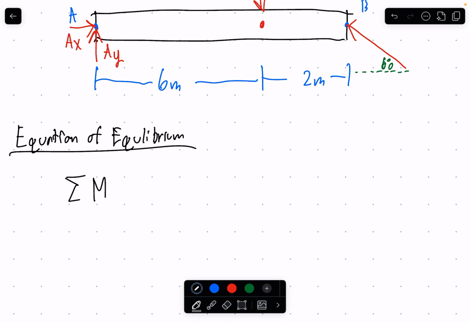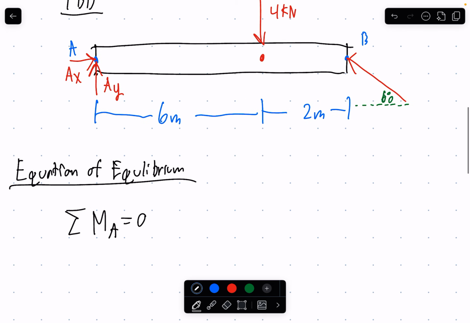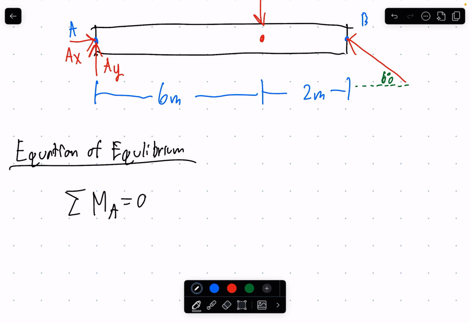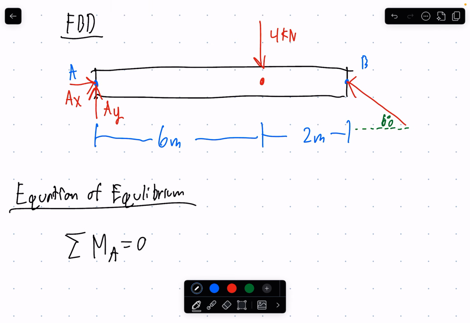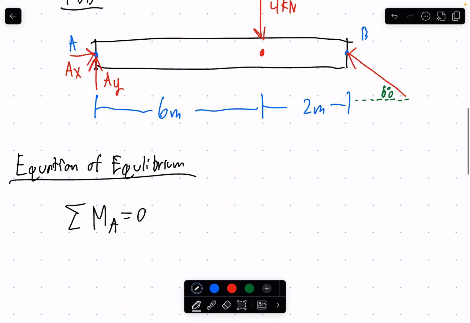People usually sum the forces in X first, but I think summing the moments around A will make this problem a little easier. We're going to sum the moments around A because it'll cancel out the moment caused by AX and AY because there's no moment arm, so it'll just be left with 2 moments, so I think it'll be a little easier.